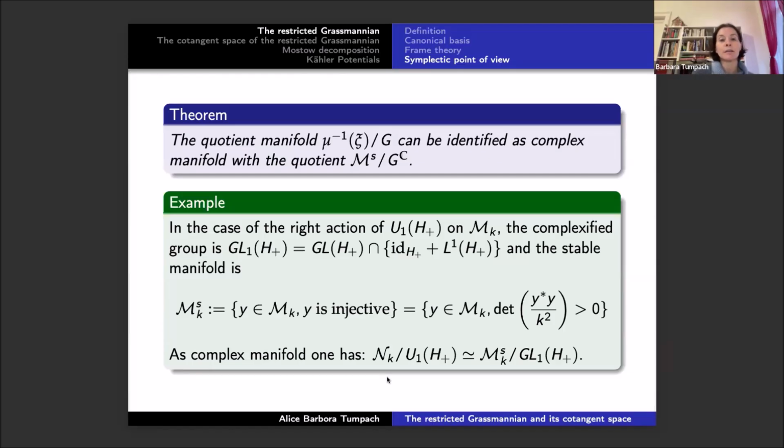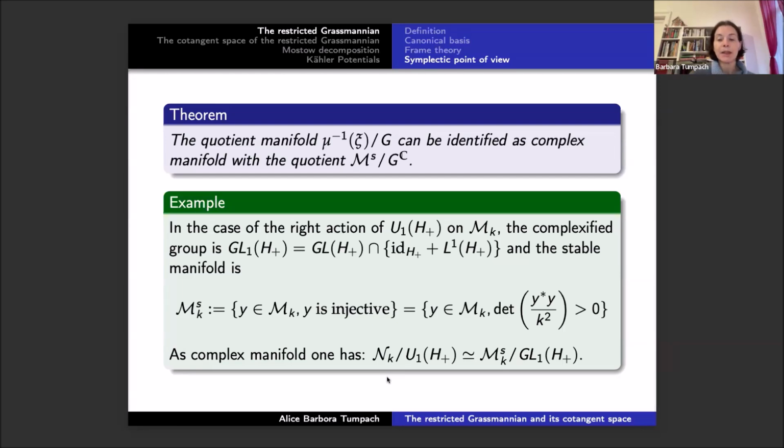These two manifolds are isomorphic as complex manifolds. So the quotient space of the level set by the real group G is isomorphic, as a complex manifold with this complex structure coming from the Kähler quotient, to the complex manifold MS mod GC. So MS is the stable manifold and GC is a complexified group.